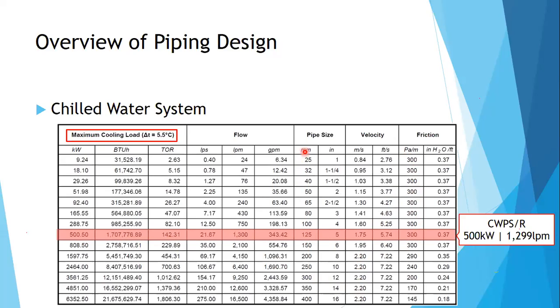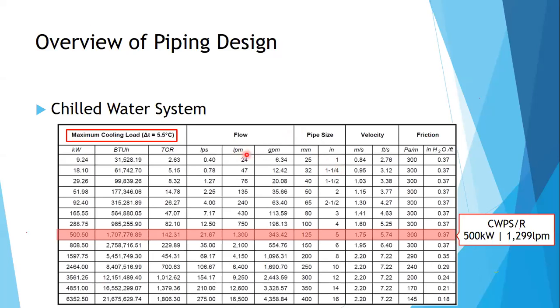I put here both SI and IP units. Some of my colleagues could not visualize SI units but could easily see IP units. For me, it's the opposite. When I go to the site and my contractor tells me that's a 4-inch pipe, in my head I will be converting it to 100 mm.